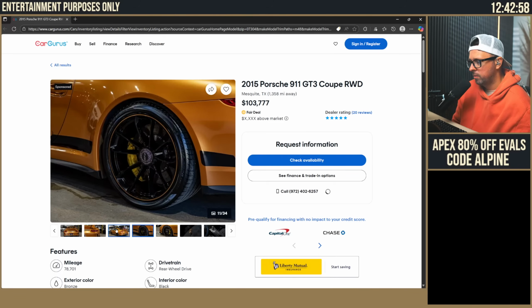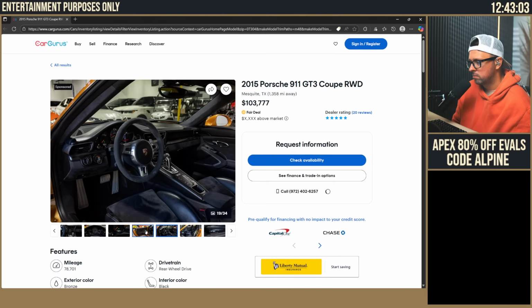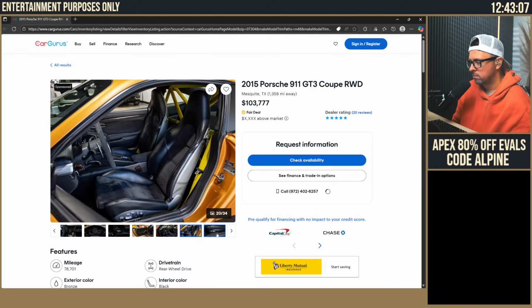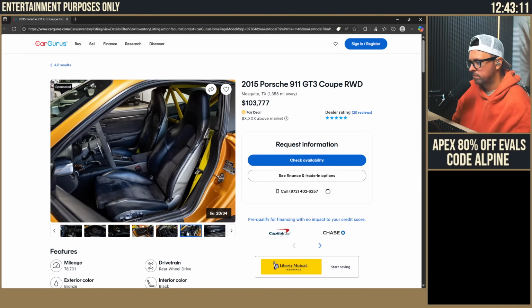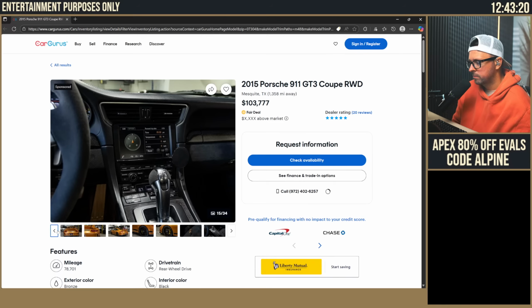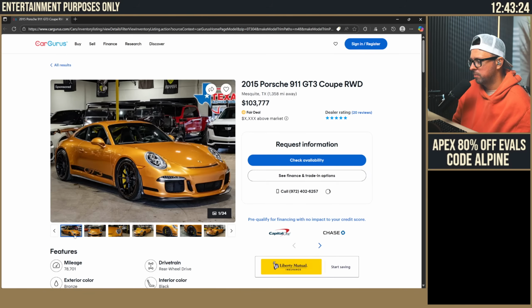It's got carbon ceramics. Perfect show car. It's actually a pretty good damn buy, because this car sounds like a beast.